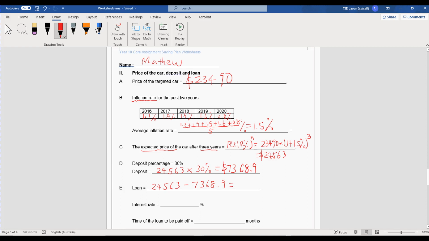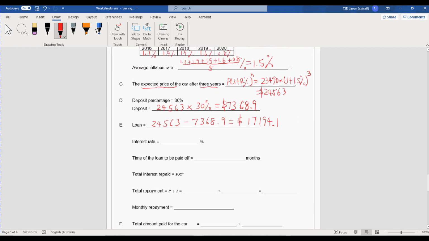So use your calculator again to deduct that number. So you will have 17194.1 dollars. That's the amount you need to pay by loan.